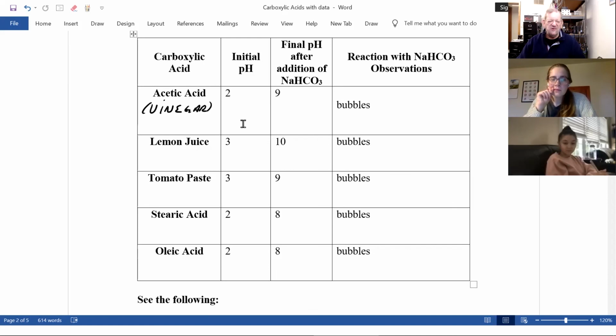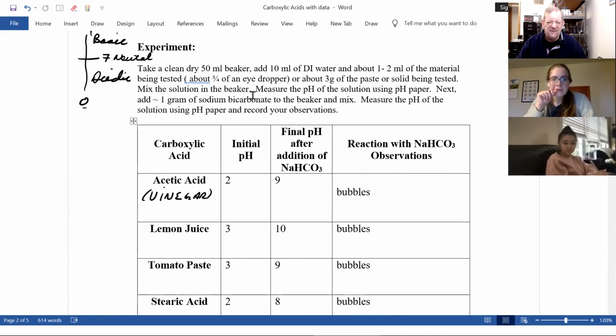And what you would do is to put the carboxylic acid in a beaker with water, measure the pH with pH paper. I think you've all used pH paper. It changes color at different pHs. And then add some bicarbonate, sodium bicarbonate. We got a couple cans of baking powder from whatever generic brand Dr. Daly gets, who runs the lab.